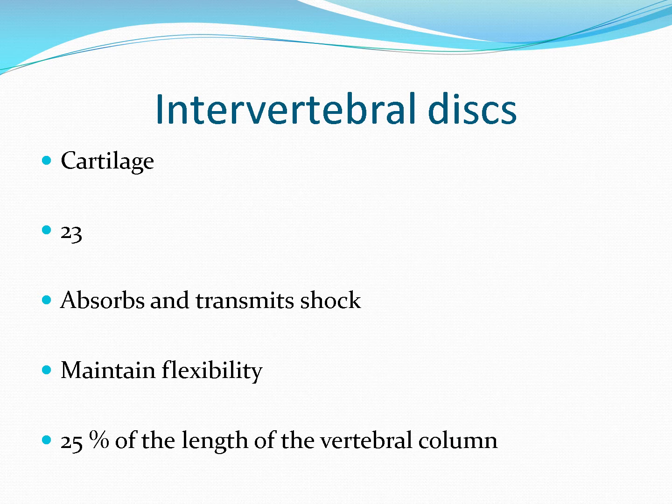All right, we've got discs, cartilaginous discs. We've got 23 of them. They absorb the shock of the day-to-day activities that we do. Very important for that. They also provide us some flexibility, but as we know, we don't have a ton of flexibility, or we could actually just bend our spinal cord and create all kinds of problems.